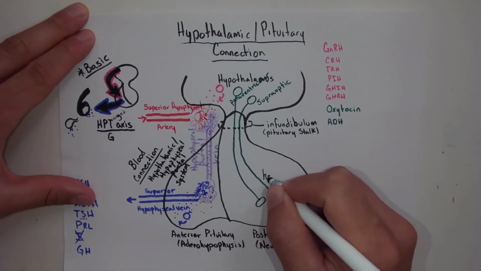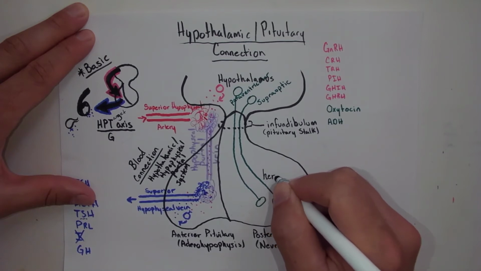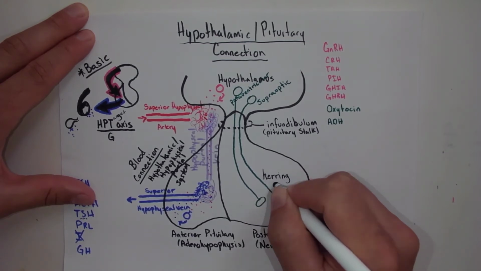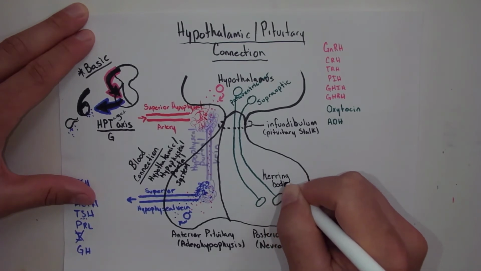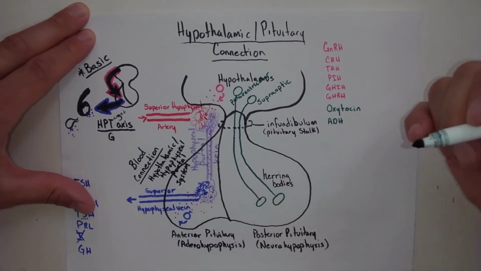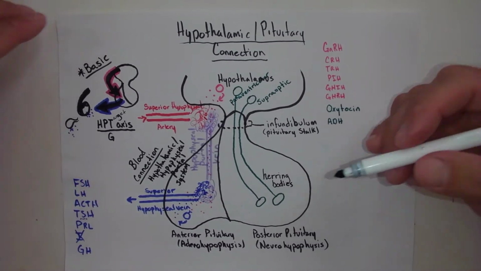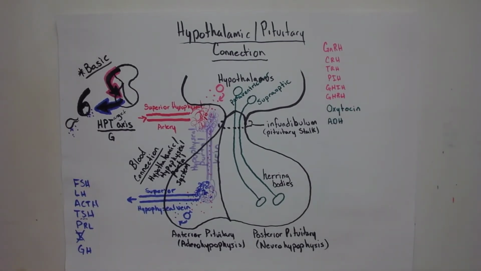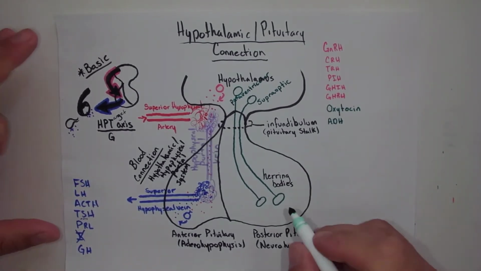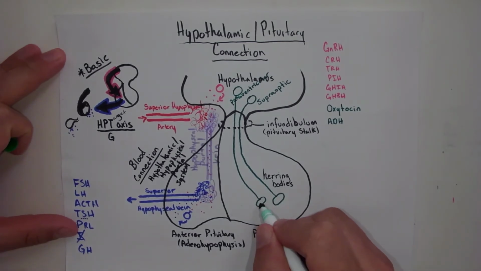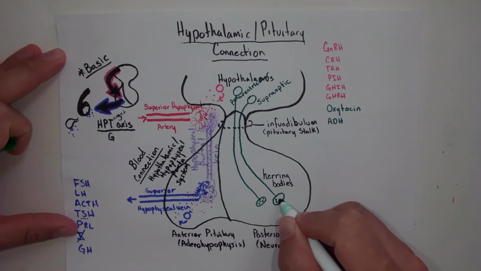And I believe it's with 2 R's, but I'm not sure. I'll just go 2 R's. Herring bodies. That doesn't look quite right to me, but I'm not too concerned about that. Now, these Herring bodies contain oxytocin or antidiuretic hormone.